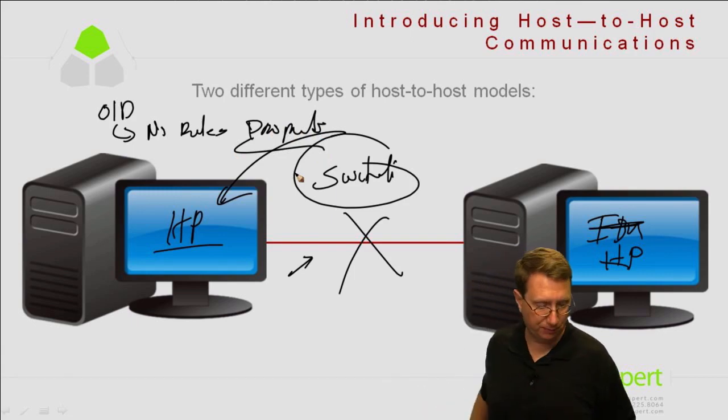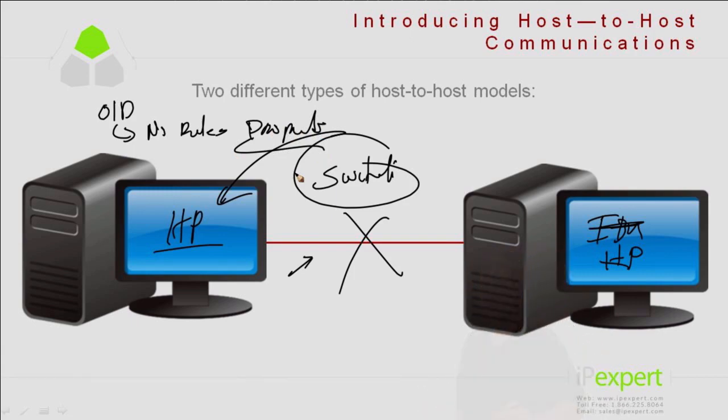So the industry standards body came up and said, you know, this isn't good. In fact, this is actually horrific. So what they did is they mandated the fact that they wanted to have a standards-based model. That standards-based model made certain that no matter if I had HP or IBM, they could communicate.